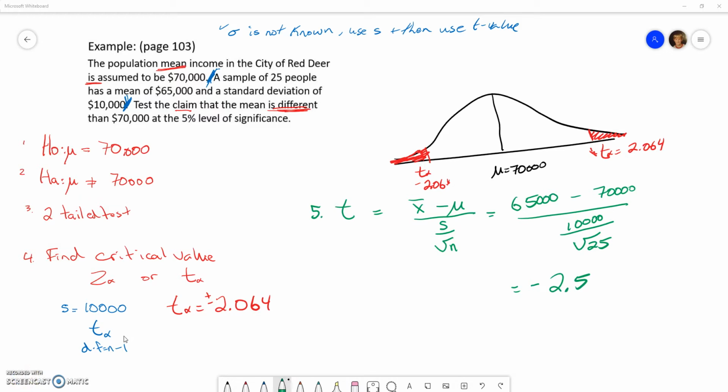This value of negative 2.5 is going to be right about there. There is our test statistic, negative 2.5. Clearly in that red area, which can be referred to as, let's just put it up here, a rejection region.